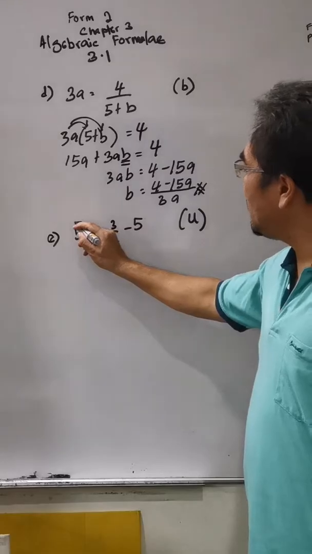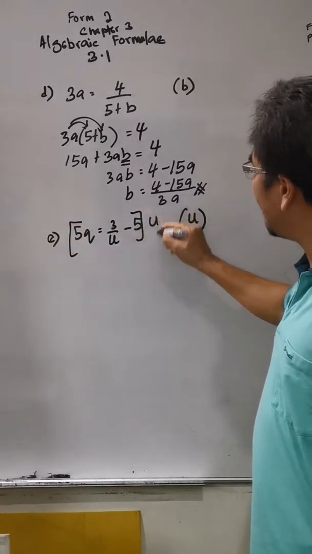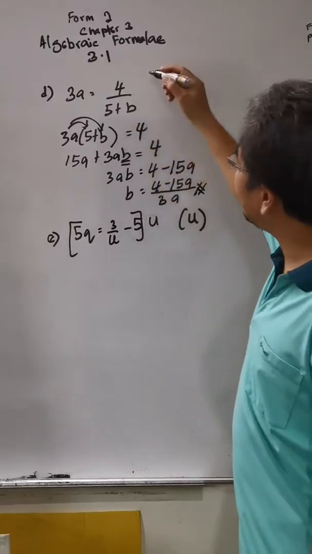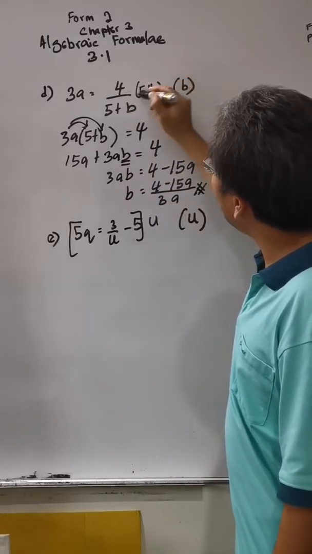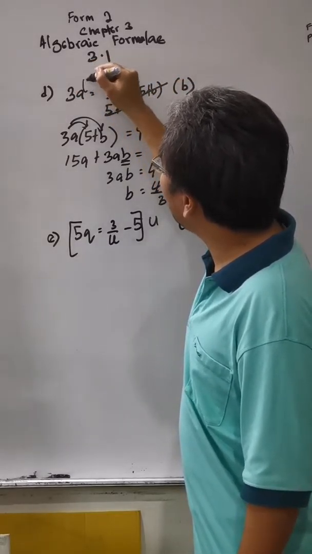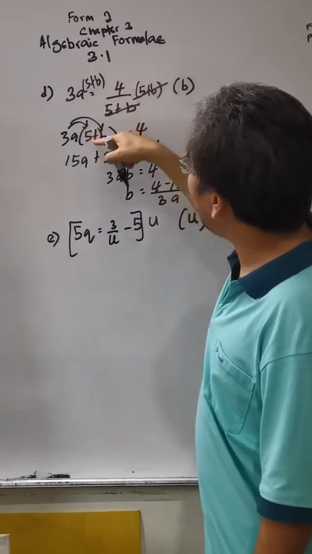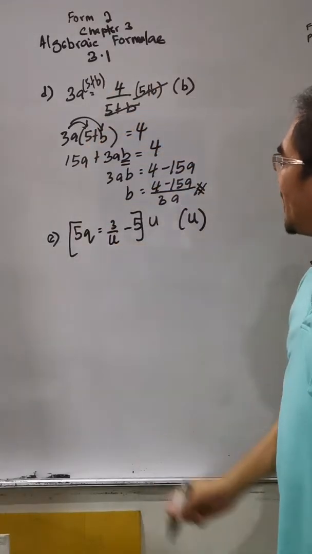How to move it? You multiply by U in this case. Actually, this one is the same thing. You multiply 5 plus B here, then you cut. And this side also you have to multiply by 5 plus B. But this pattern is more complicated.